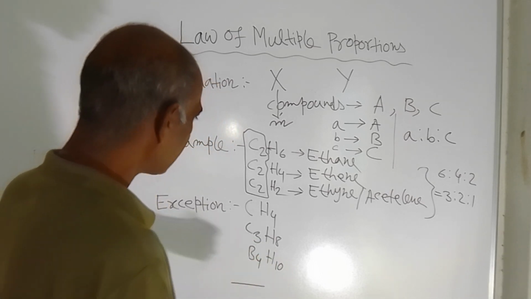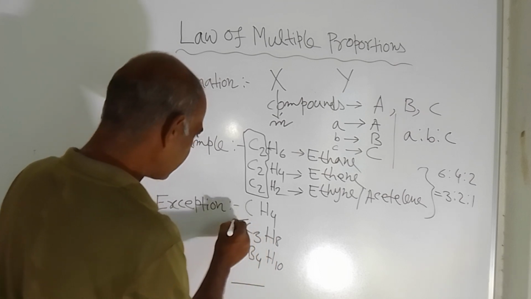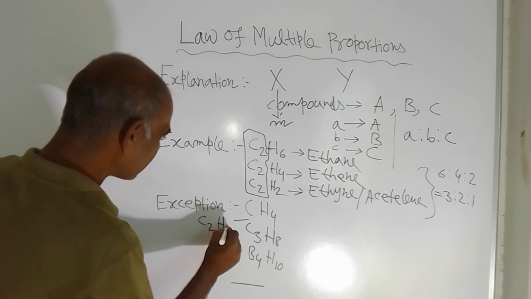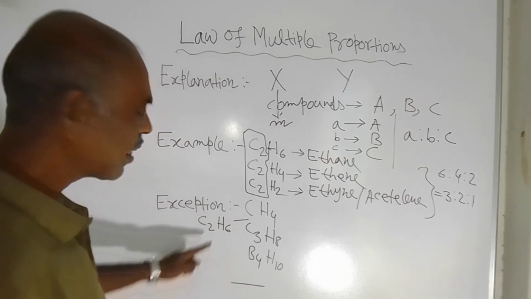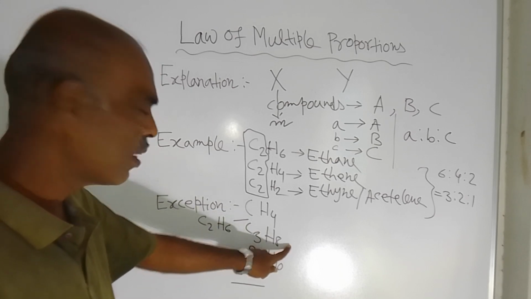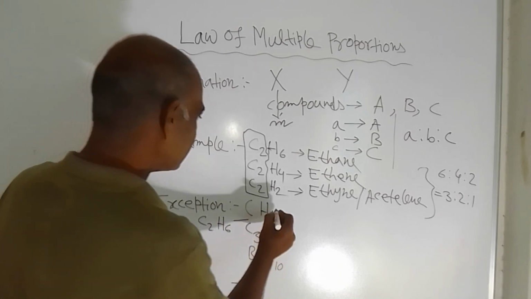One thing is missing, I have missed to write. I am writing here, in this position that will come, that is C2H6. Methane, then comes ethane, then comes propane, and then comes butane.